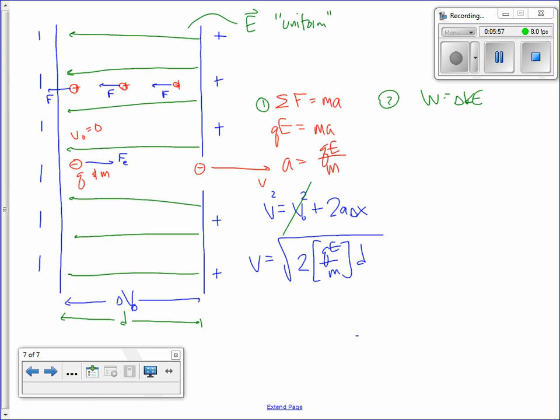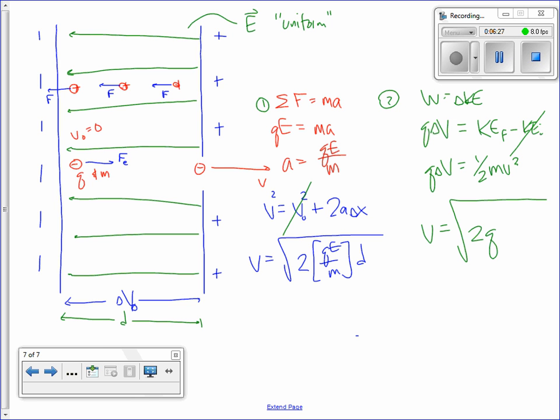The work done by the field is Q delta V. And this is KE final minus KE initial, where KE initial is 0. Q delta V is 1/2 mv squared. So this says that v is the square root of 2Q delta V over m.